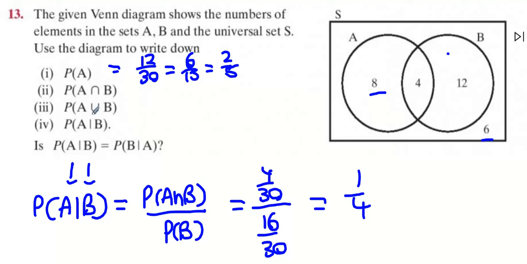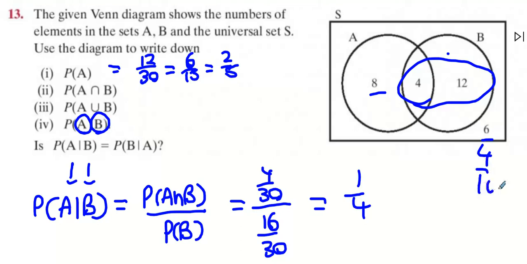What's the probability the person you pick does A, given that he already does B? Because he already does B, you only have 16 people to choose from, don't you? What's the probability he also does A? 4 out of the 16, which is what? Yeah, that's the question in context.